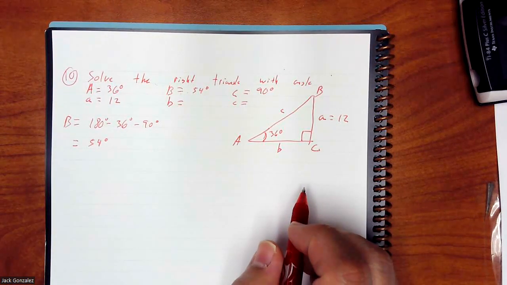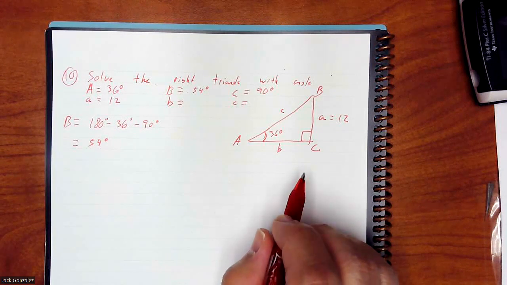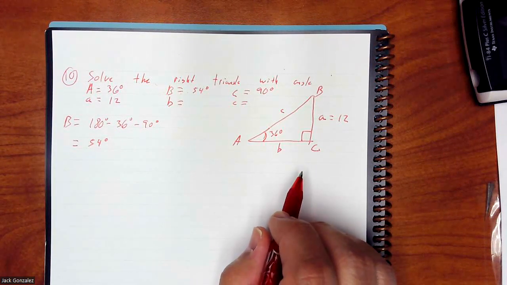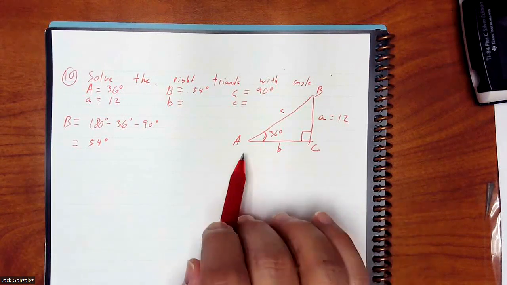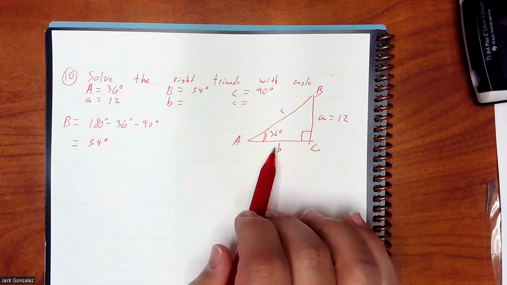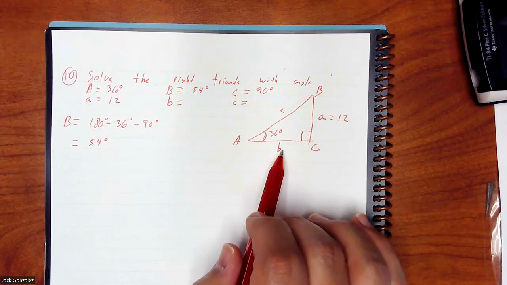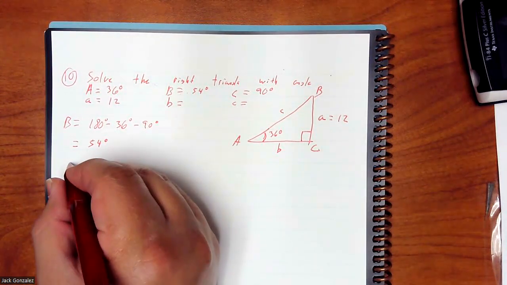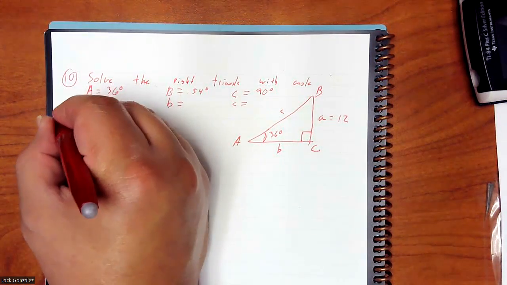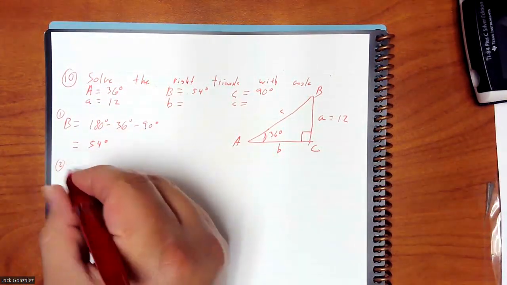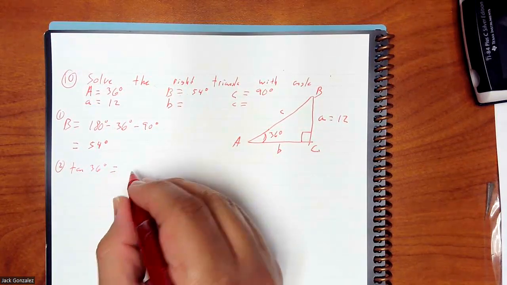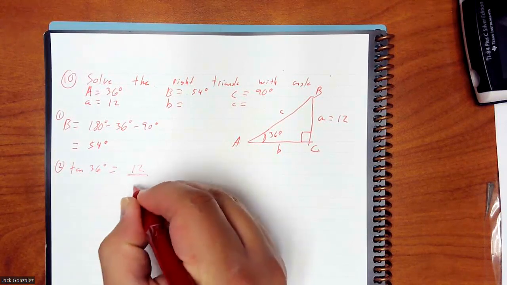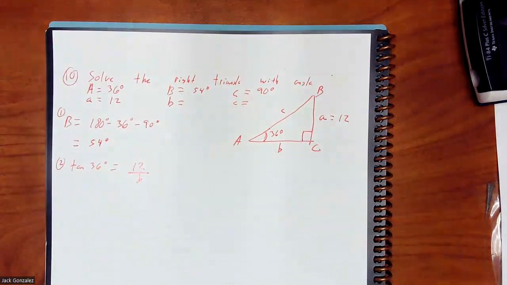If I use tangent, I could group these two together, tangent of A, and solve for little b, right? It doesn't have to be tangent. So step one here, step two. Tangent of 36 is equal to opposite over adjacent. So now solve for b.